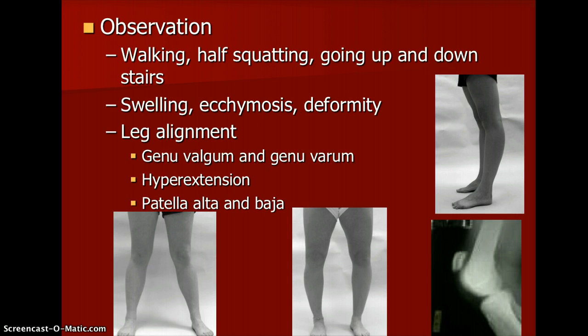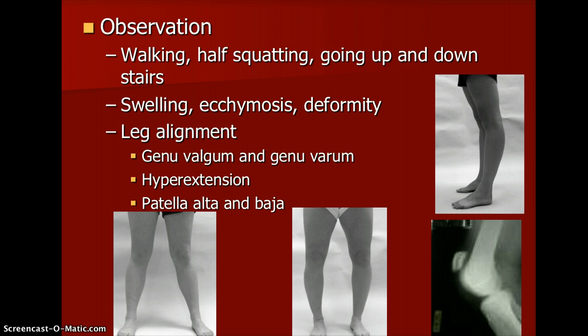Once you get into the observation part of the assessment, you're going to be looking for specific things, but also you're going to be looking for abnormalities. For example, with these pictures that you see here, you're going to notice some things that could put the knee in a very exposed or high risk position.